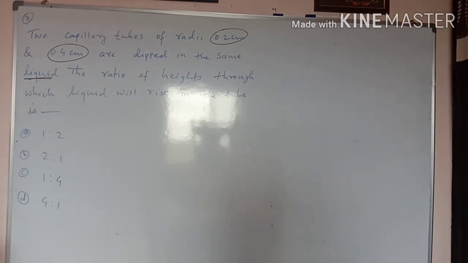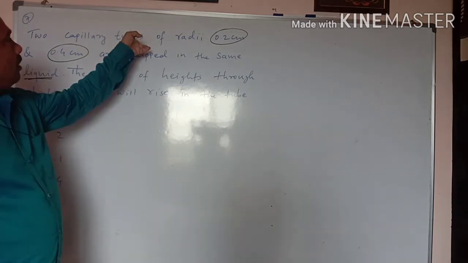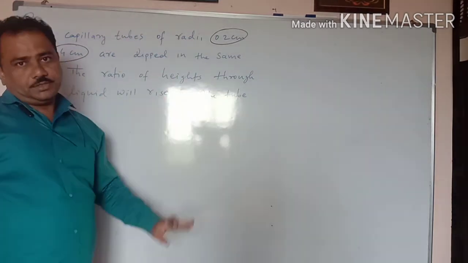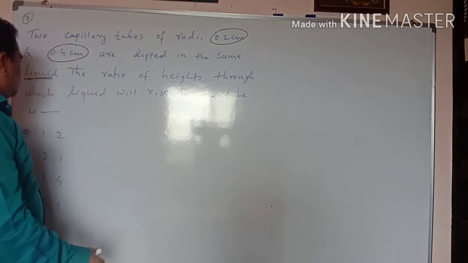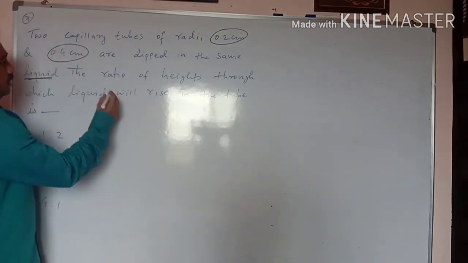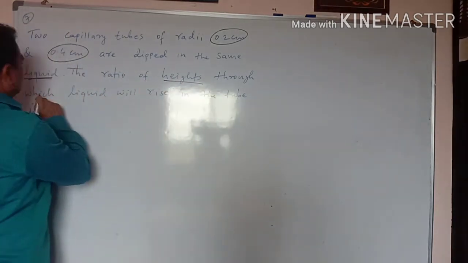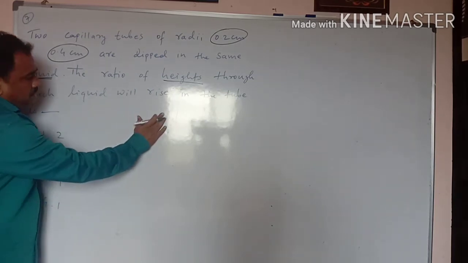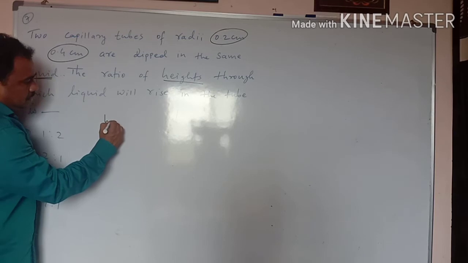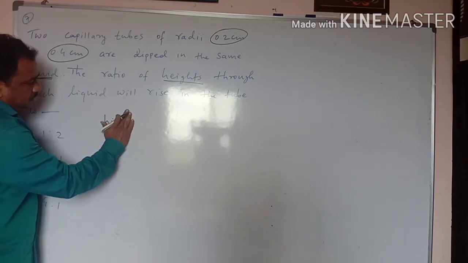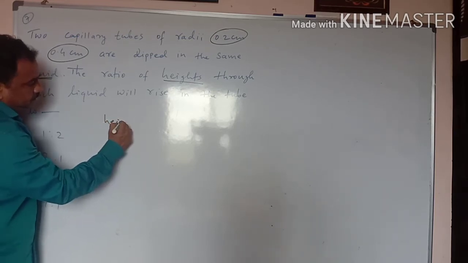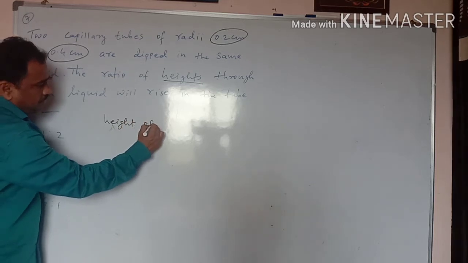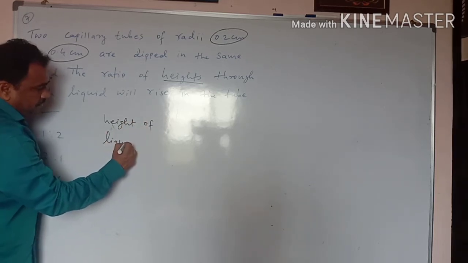Now what is the relation between the radius of the capillary tube and the height of the liquid column? So the ratio of heights through which the liquid will rise in the capillary tube. Now we know the height of the liquid column.